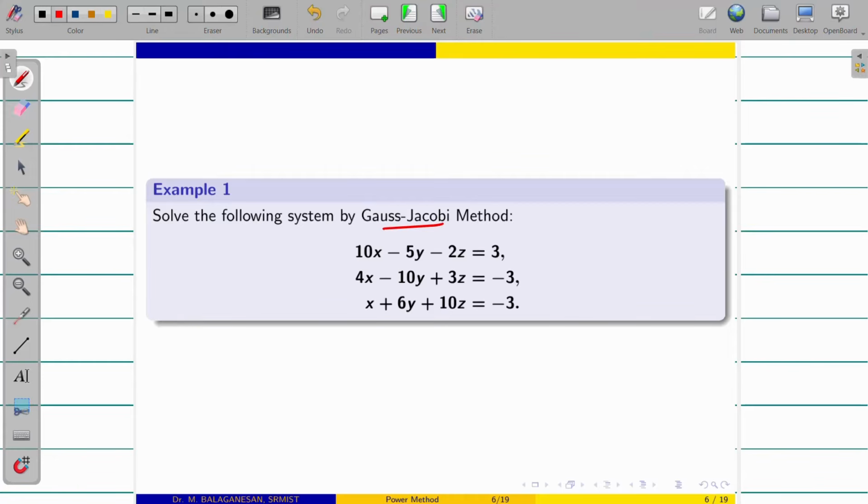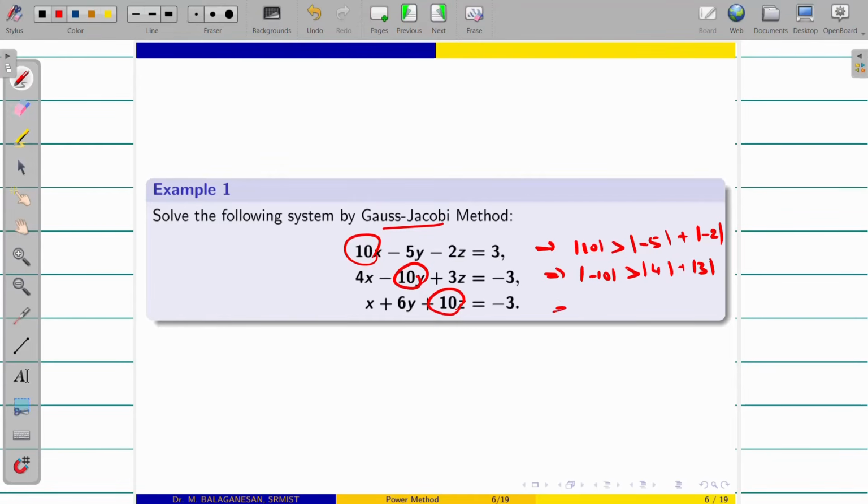For an iterative method, first you have to check whether it satisfies the diagonally dominant condition or not. So in the first row, the modulus value of 10 should be greater than the modulus of minus 5, which again gives plus 5, plus the modulus of minus 2. Similarly, in the second row, the modulus of minus 10, the diagonal element, should be greater than the other two.